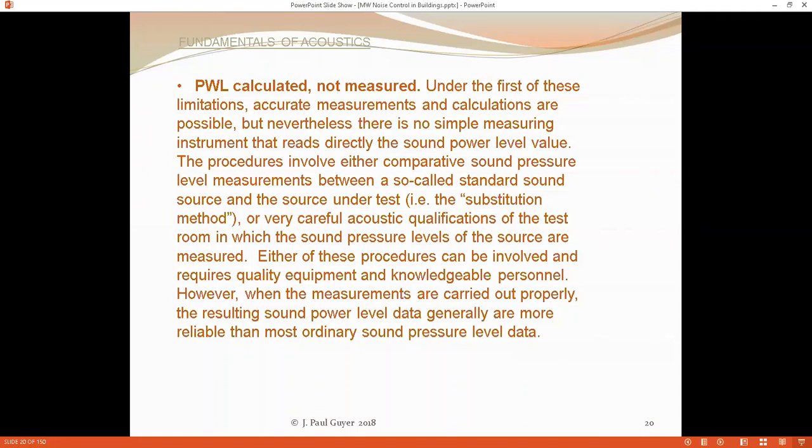It's calculated. And the reason is, if you visualize a point source of sound, it's radiating the sound out in a three-dimensional global, 360-degree type of configuration.